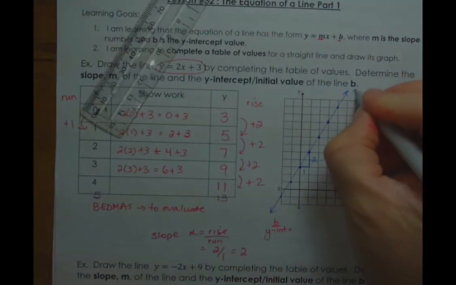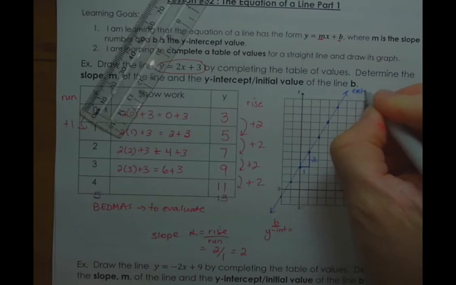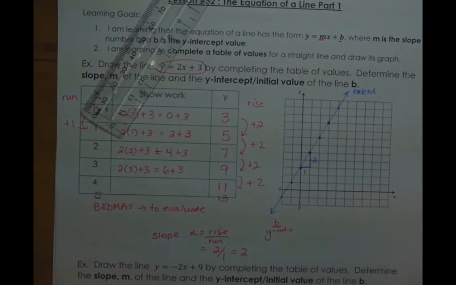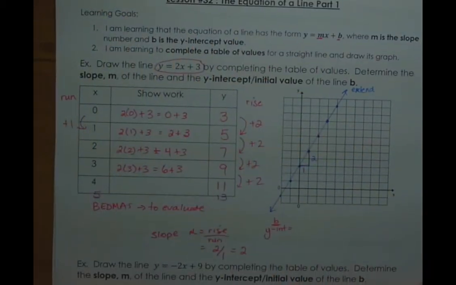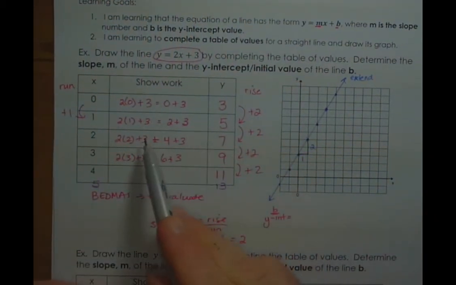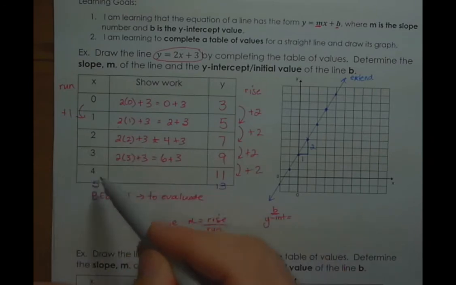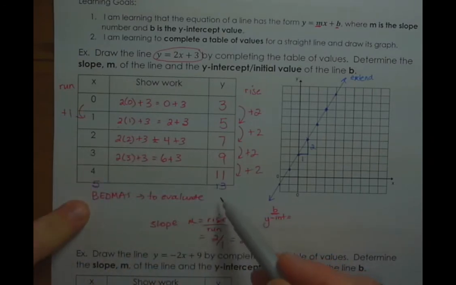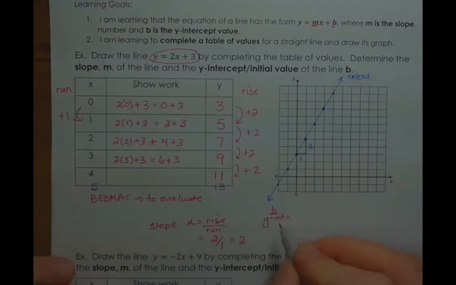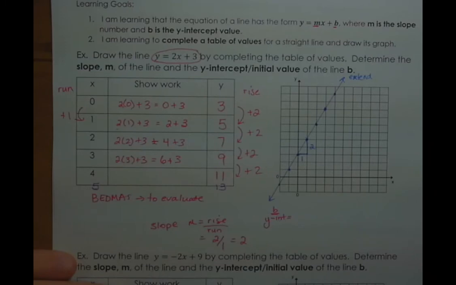We want to extend these lines because these lines can go on forever. So we've graphed the line, and we've made a table of values. We can predict moving forward or backwards if we wanted to, more values. The other thing is, where do we find the y-intercept? We find the y-intercept when the line crosses the y-axis.